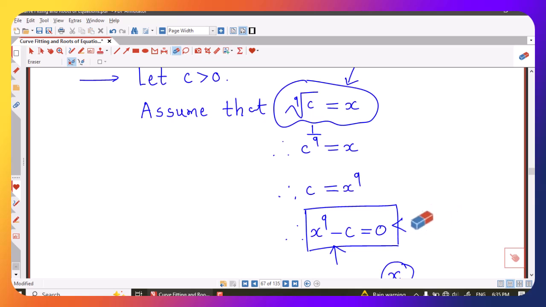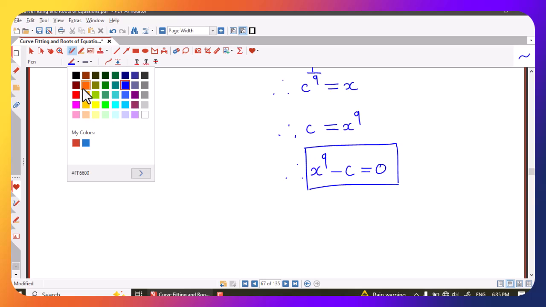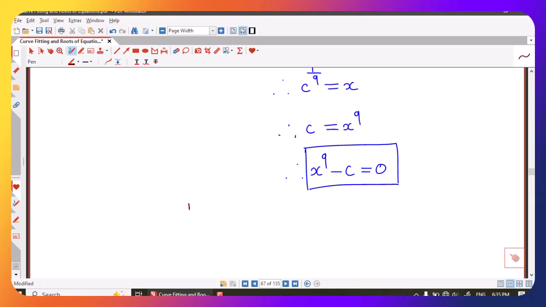So to apply Newton-Raphson method, first we have to develop this equation which is x raised to q minus C equal to 0, and we will consider this x raised to q minus C as our function denoted by f of x.